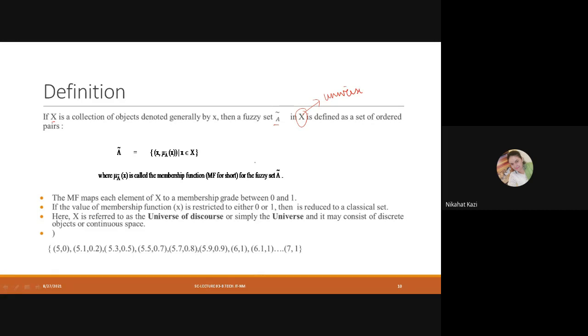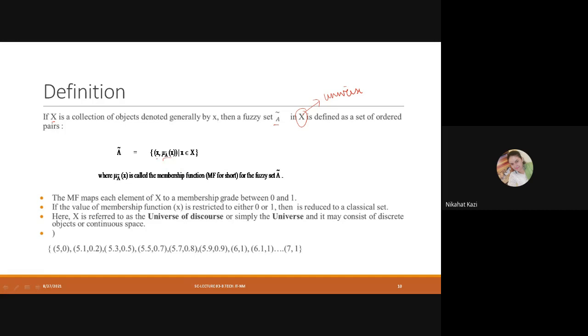It is defined in such a way that it is a set of ordered pairs. For each x, there is one value paired along with it, and that value is called a membership value.